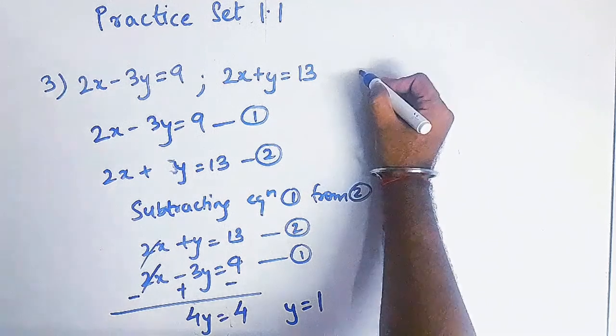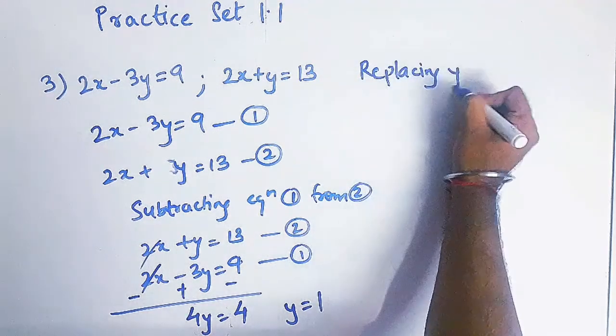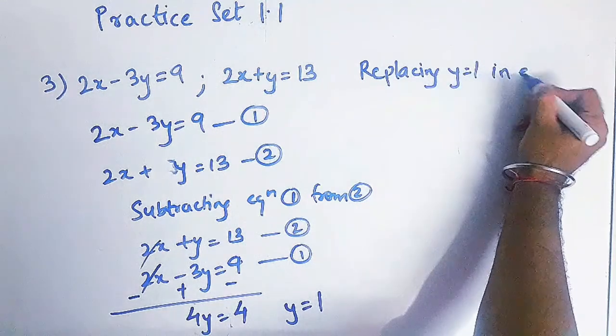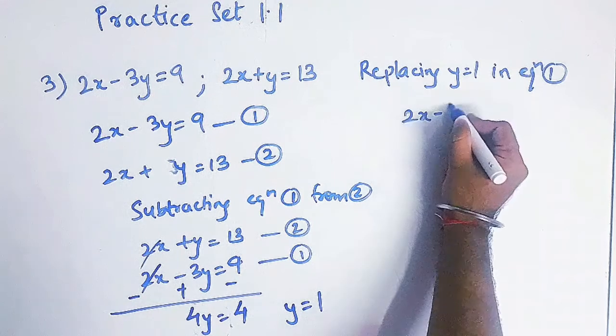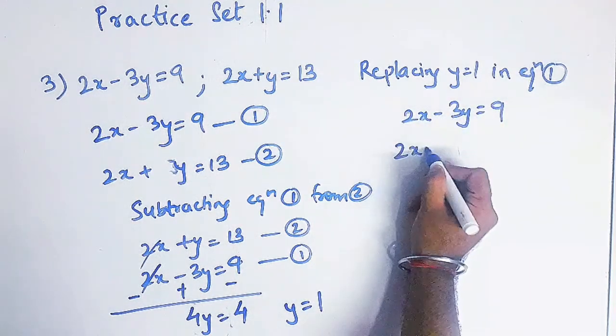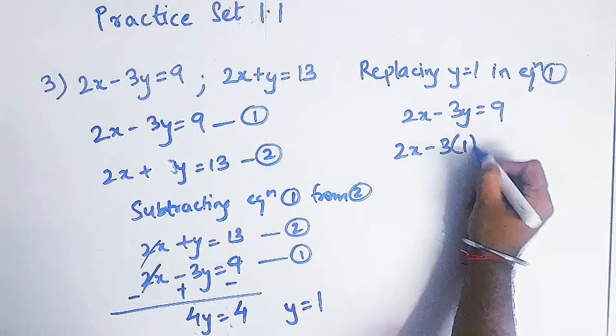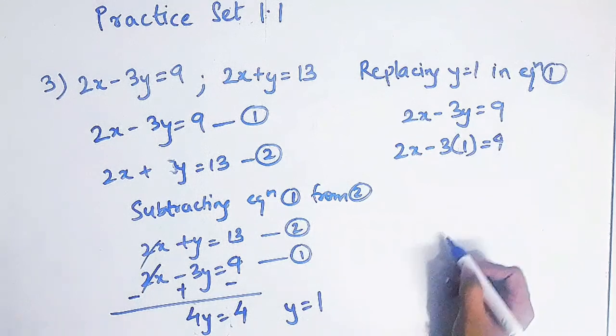Okay, now replacing y equals 1 in equation 1, we get 2x minus 3y equals 9, and 2x minus 3, this is 1, equals 9.